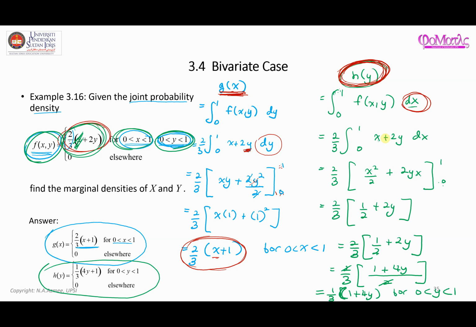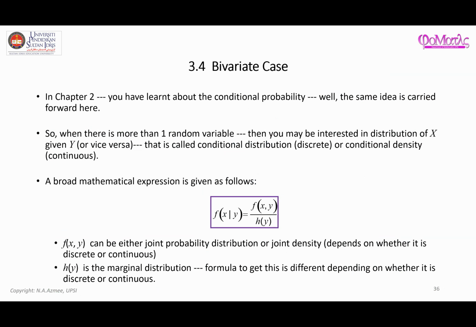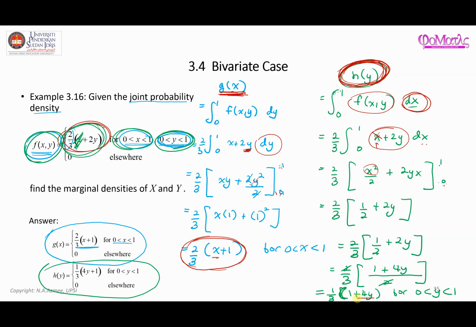So in order to get rid of x, we need to integrate this function with respect to x, and by substituting the values into x, then x will be eliminated and you will be left with just an expression here that only has y in it. Okay, so therefore this is what we call the marginal density for y.